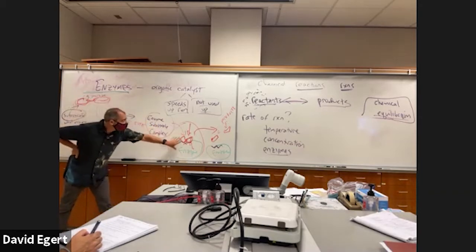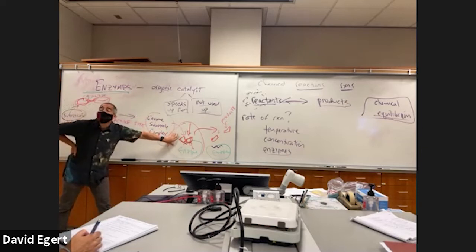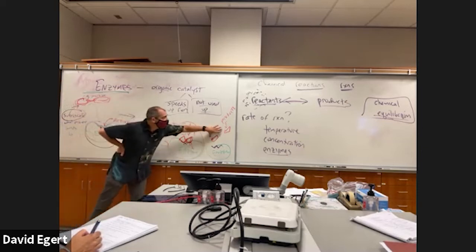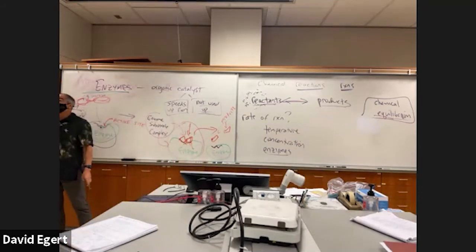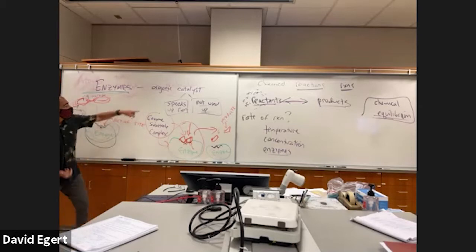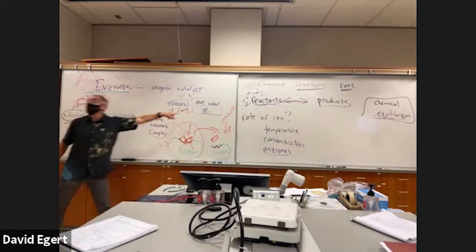There is this enzyme substrate complex where we actually catalyze the reaction. And then after that, we have the products drifting off to go off to their destiny. And the enzyme is sitting here unadulterated, ready to go for the next round. So it speeds up the reaction, and is not used up.